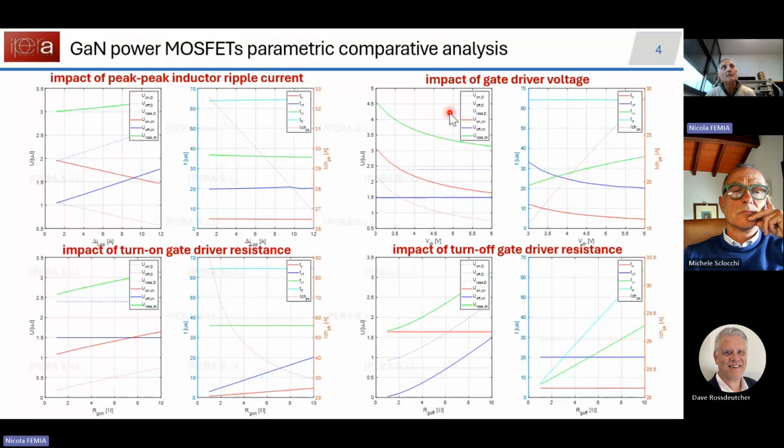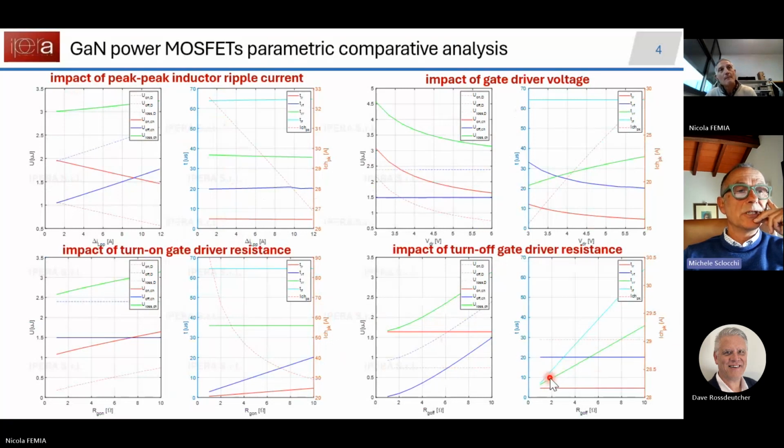And you can do the same through, for example, the gate driver voltage or the on resistance and off resistance. These can help demystify some common beliefs about GaN devices that can lead to bad design. And we will try to educate people on making good reasoning and good calculations to avoid this.